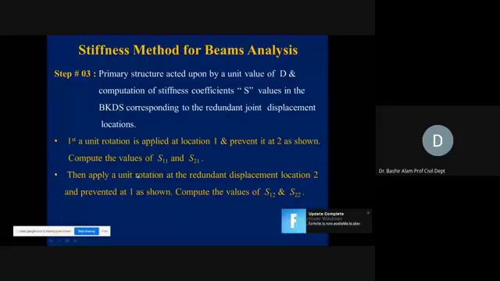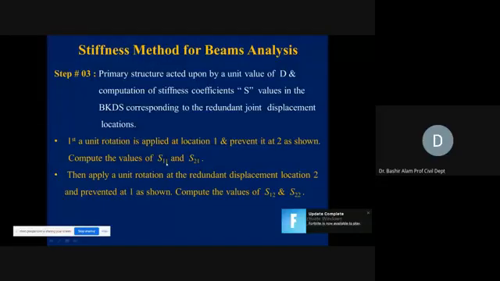So here now in orange line, you can see these instructions. Now, when we apply now at the first location, the elements of the first column of the stiffness coefficient matrix will be generated, which will be S11 and S21. The last subscript now you can see is due to 1 now. At 1 we are releasing the displacement.